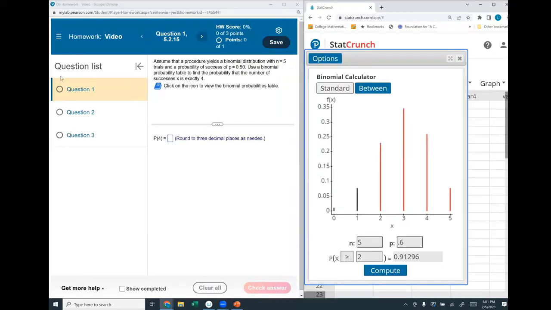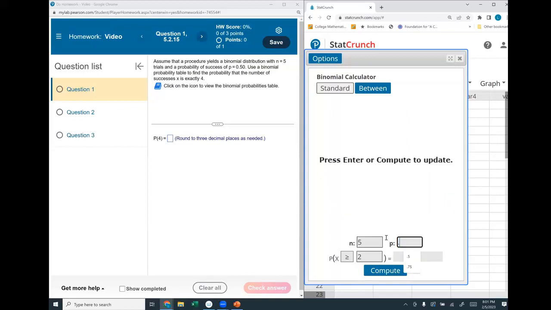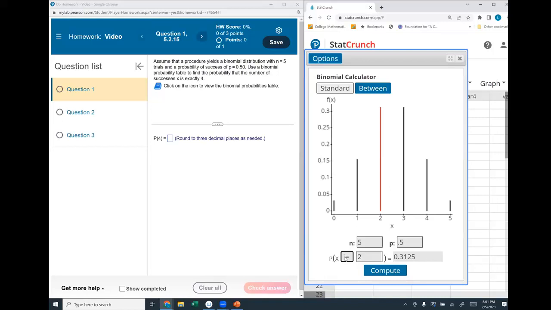So, okay, number 1, assume that a procedure yields a binomial distribution with n equals 5, and the probability of success is p equals 0.50. Use a binomial probability table. We don't have to. We're going to just use our binomial calculator to find the probability that the number of successes x is exactly, so equals 4.